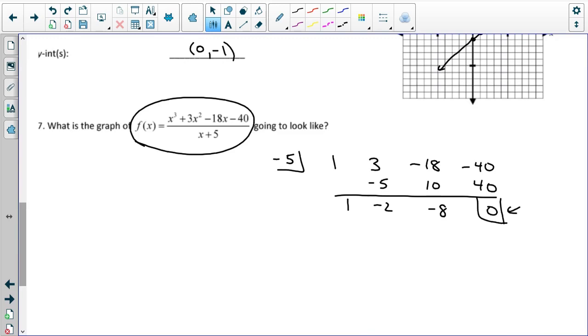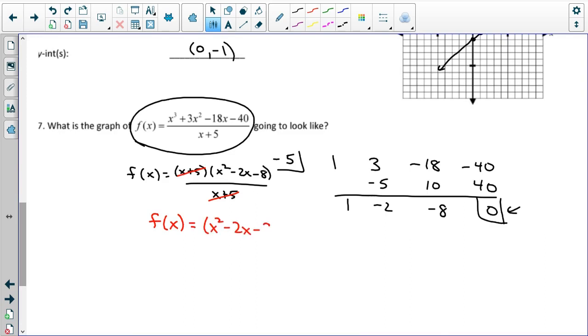That means that x plus 5 evenly divides this function. So I can factor the numerator to be x plus 5 times x squared minus 2x minus 8, and the denominator remains x plus 5. So notice what will happen is the x plus 5s will cancel out, and f of x will look like x squared minus 2x minus 8.